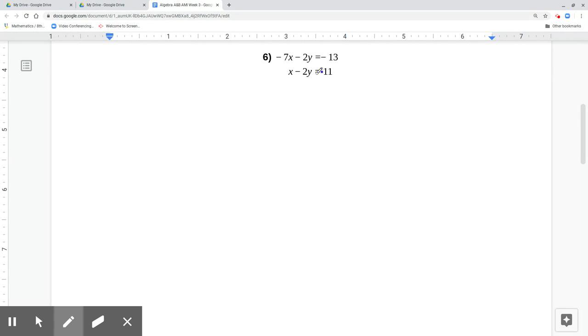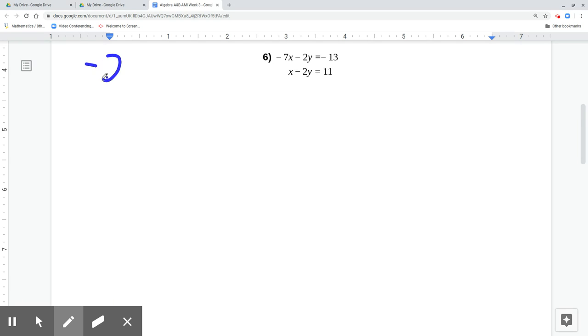So for example, we're going to try to get rid of both of the y's or both of the x's. Now, in this problem, we are going to try to get rid of y because y is the variable that has matching coefficients. So we are going to have to think through this.